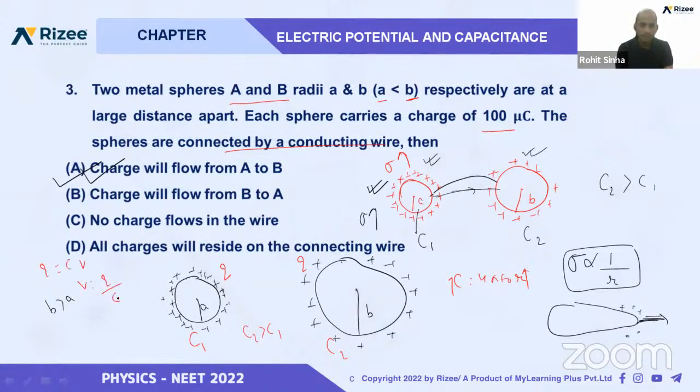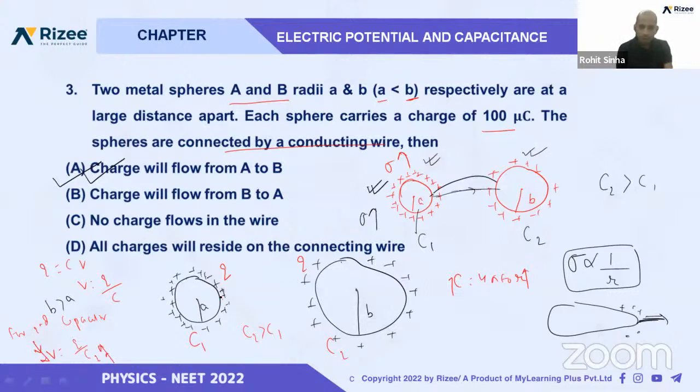Now for the second capacitor, V is equal to Q by C2, and C2 is more, so its potential will be less.